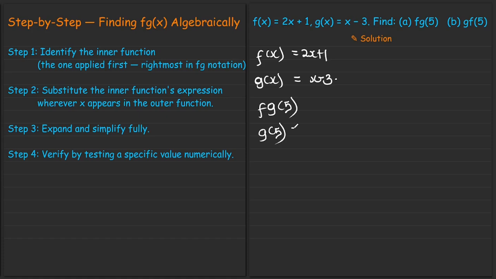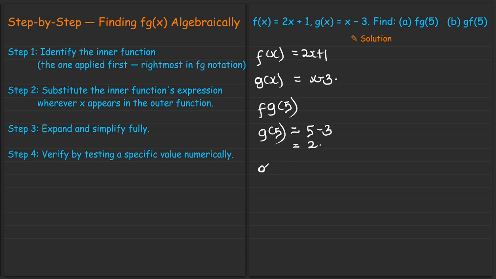For g of 5, it simply means we are substituting x for 5. Anywhere we see x, we put 5 there. So instead of this x, we put 5 minus 3, and 5 minus 3 gives us 2. So g of 5 has given us 2.